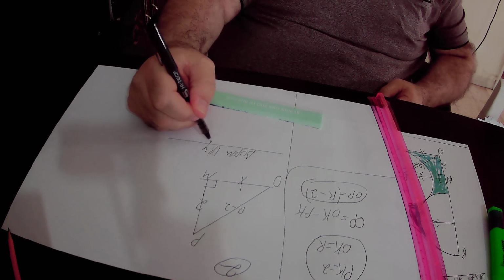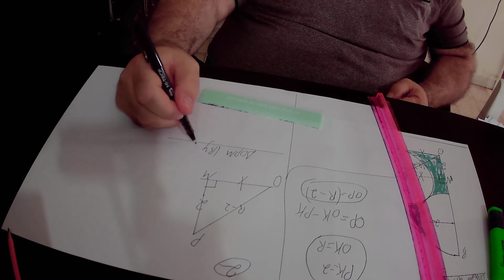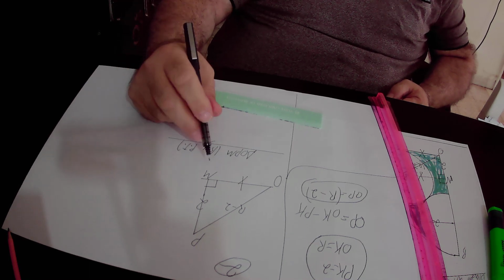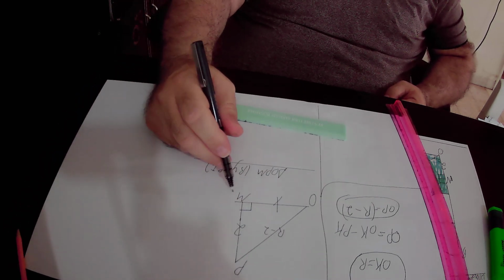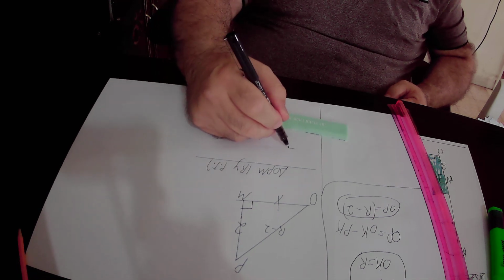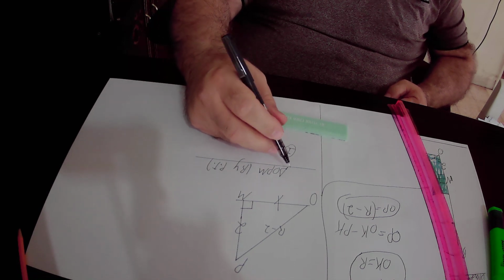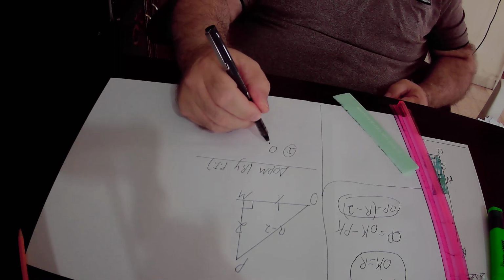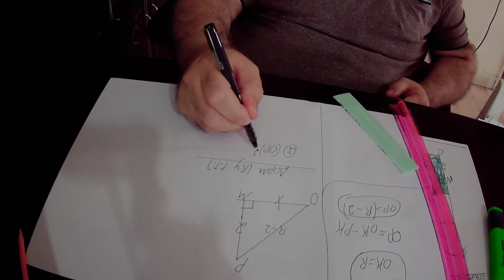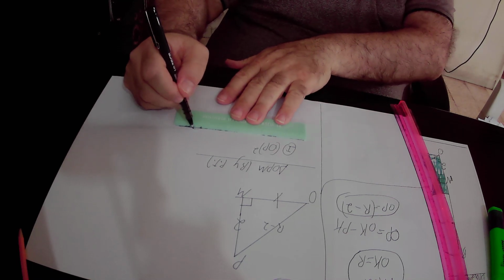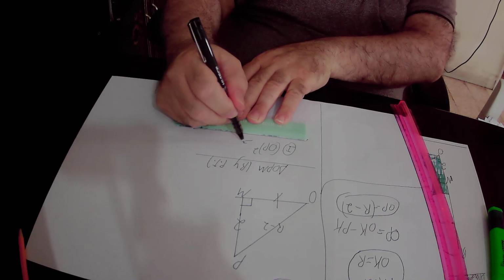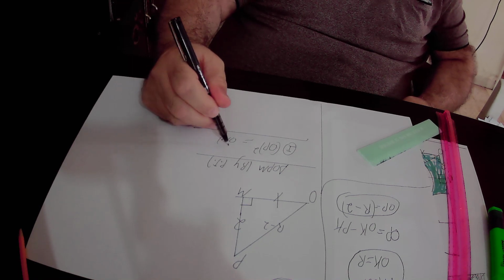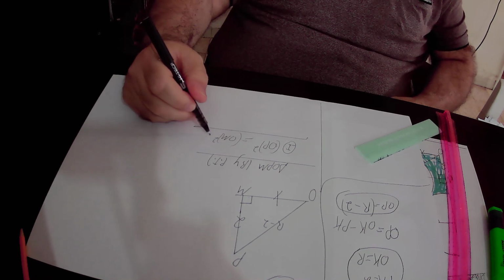here PT is the abbreviation for Pythagoras theorem. The square of the hypotenuse equals the sum of the squares of the perpendicular sides. The hypotenuse is OP, so the square of the hypotenuse is OP squared. And it must be equal to the sum of the squares of the perpendicular sides, that is to say, it must be equal to OM squared plus PM squared.